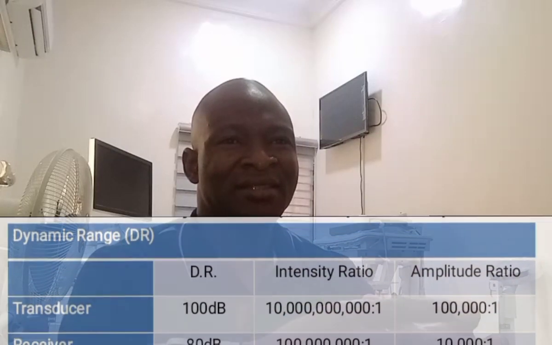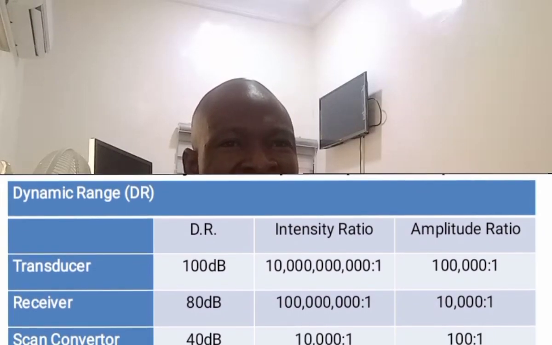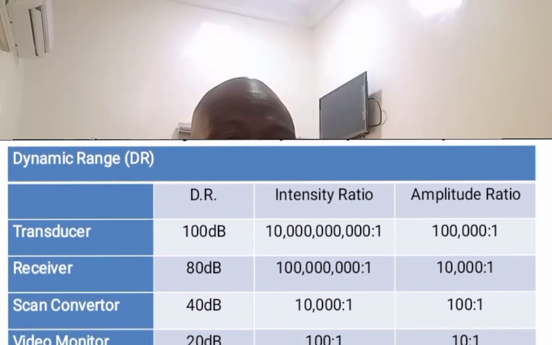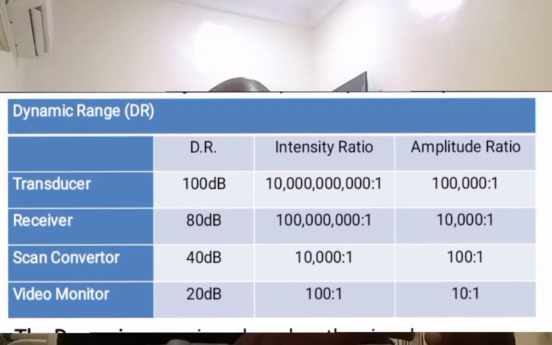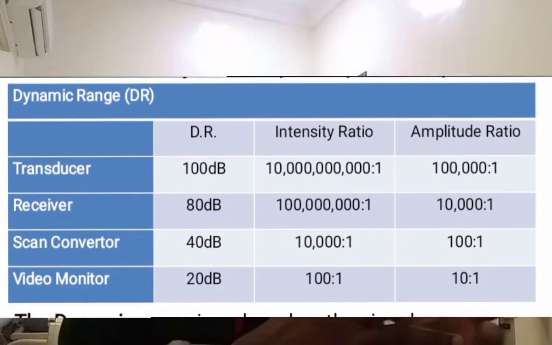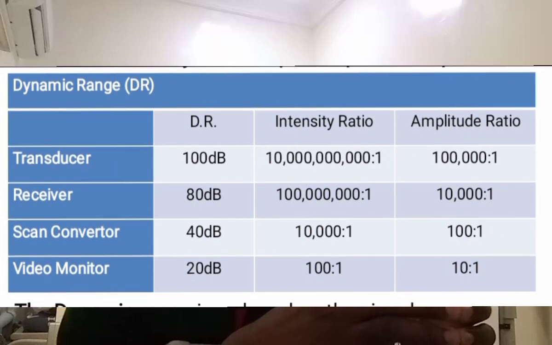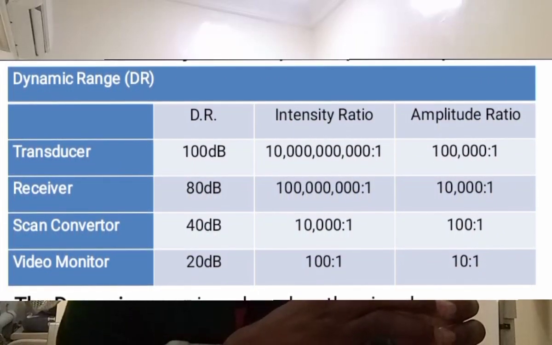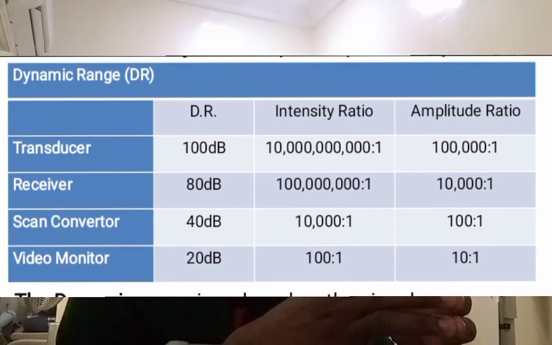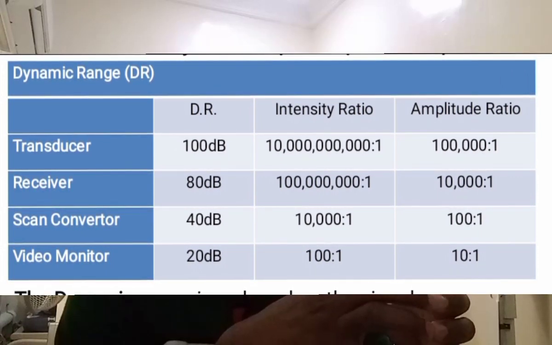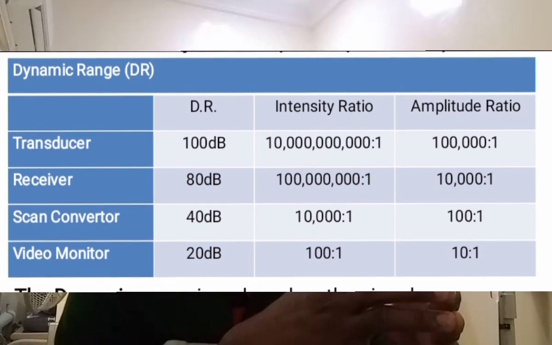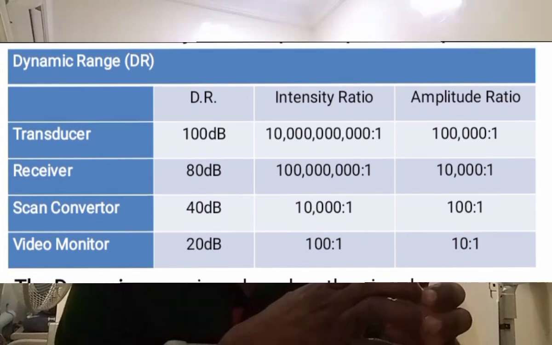Now, this table describes the typical dynamic range and the corresponding amplitude and intensity ratio of the system's principal components, the main components in the system. So here you can see that the transducer can handle 100 decibels in dynamic range with an intensity ratio of 10 billion to 1, and an amplitude ratio of 100,000 to 1.